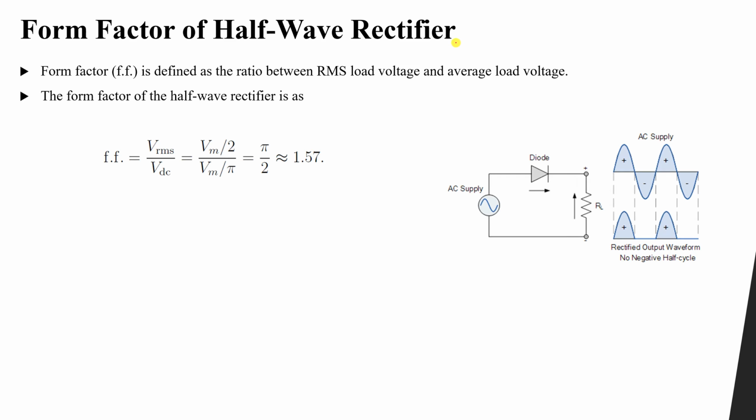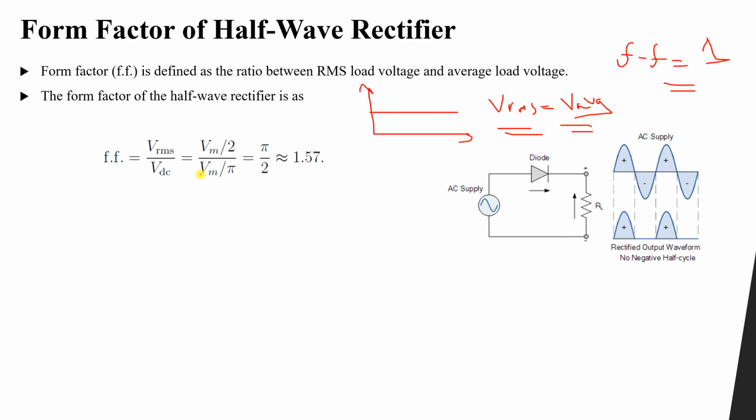What I mean by this is, if you remember that in DC we have average equal to RMS, so V average equals VRMS. So in a pure DC circuit, the form factor is equal to 1, right?